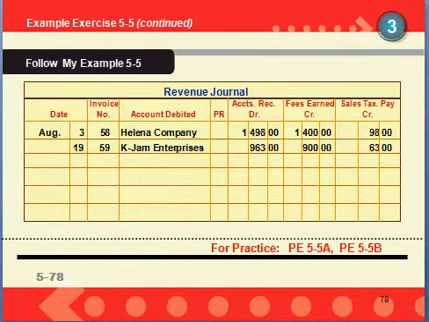So it gives us a total invoice amount of $1,498. And then KJAM Enterprises had a $900 invoice, and we charged them 7% of that, or $63 in sales tax. So their total invoice, or what we debited to accounts receivable, is $963.